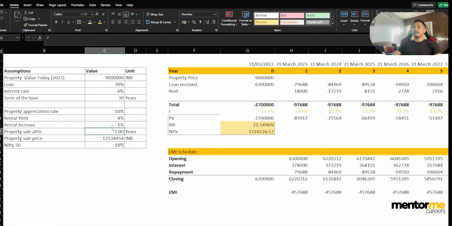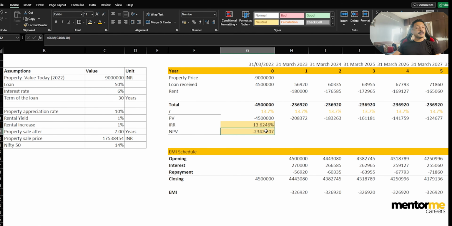If I reduce it to 1%, okay, so there is no rental increase that is happening, and so I'll start making losses. Okay, and if I take, let's say, the rental yield as 1%, it drops further, right? Even after taking 70%. If I take 50% debt, then I'm going NPV negative.